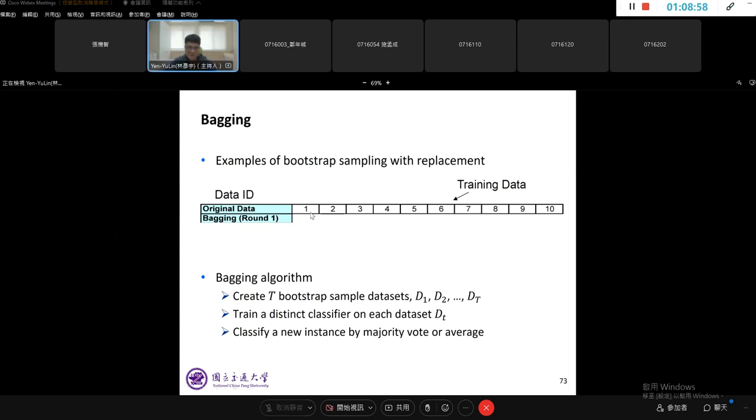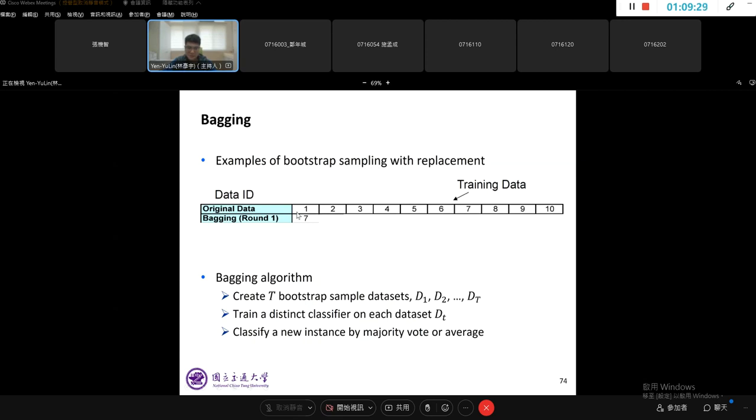First of all, since there are 10 training data, we randomly sample one particular training data. In this case, we sample training data point number 7. So we put this training data here. So this is the process of sampling. However, what we implement is sampling with replacement.